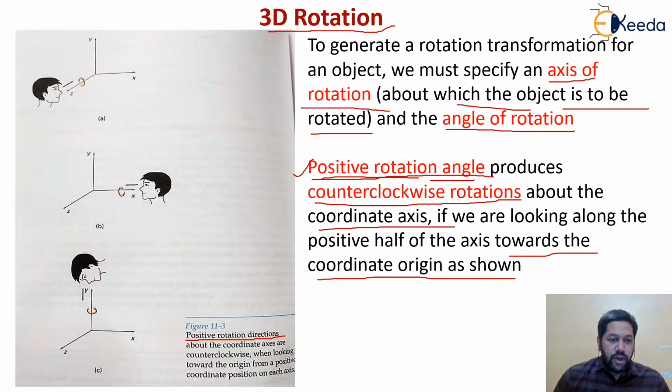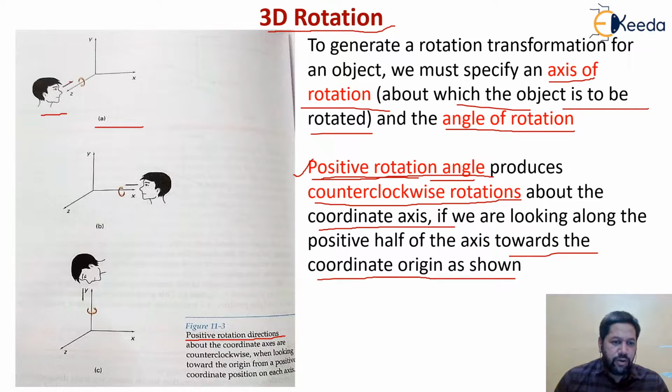Okay, now what we want to show in this particular diagram is, suppose I consider here the diagram number A. Suppose this is my z axis. So in the diagram number A we are talking about the z axis. So I am looking from this side, so this is the angle that we are looking towards it. Okay, so this is the human being, this is my eyes and I'm looking in this particular direction. You can find it in the diagram.